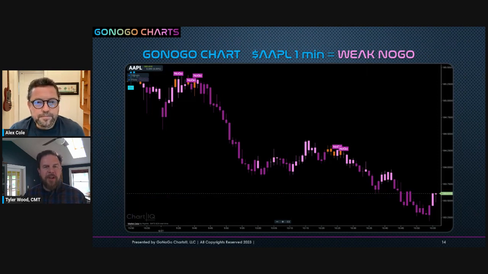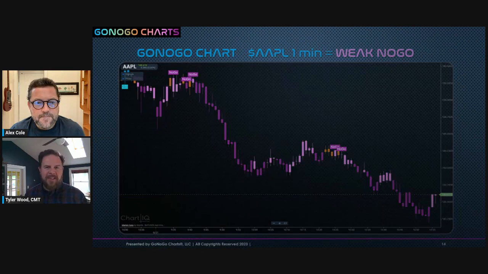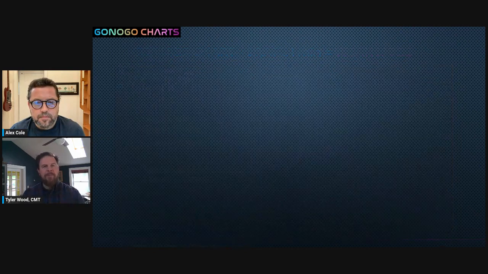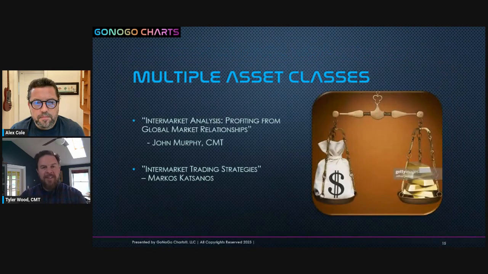Absolutely. Now, we've been talking about equities. We've been talking about the index level and a couple examples with Apple. But we know that technical analysis applies across any liquid market. So all asset classes can be used in the same way. And indicators that work on equities should work on currencies and fixed income and commodities and cryptos and everything else.